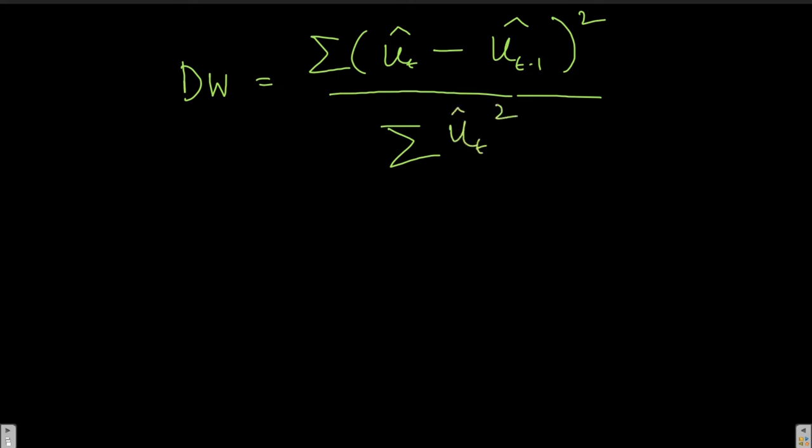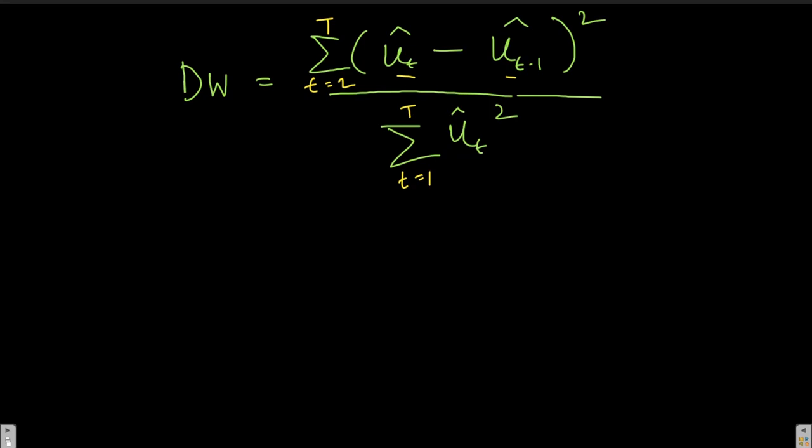Now there is something you need to note about the time periods. In the numerator I start from t equals 2 to T, and in the denominator I start from t equals 1 to T. Why do I do that? Because of the subtraction in the numerator. If I take t equals 2, ut minus 1 hat is u1 hat and ut hat is u2 hat, so I am taking the difference of the error terms for period 1 and period 2.